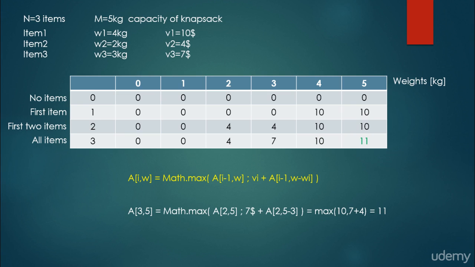And in the last row index and last column index, it's going to be 11, because the row index 2 and column index 5, there's 10, and we have to look up the knapsack table with the row index 2 and column index 2. It's going to be a 4, so $7 plus $4 is going to be 11, and because 11 is greater than 10, it is going to be the winner.